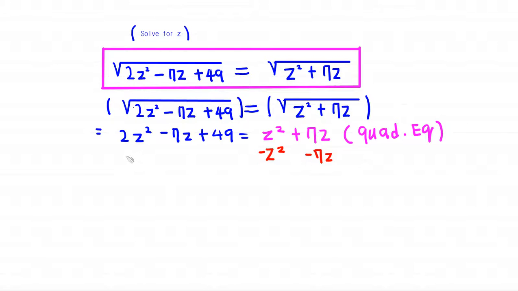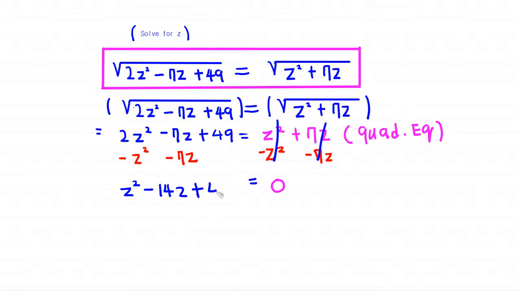We subtract the same terms from the other side too, because we need to keep the equation balanced. On the right side, z squared cancels out and 7z cancels out, leaving only 0, and it is equal to z squared minus 14z plus 49.